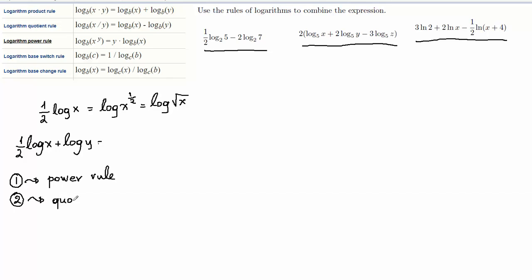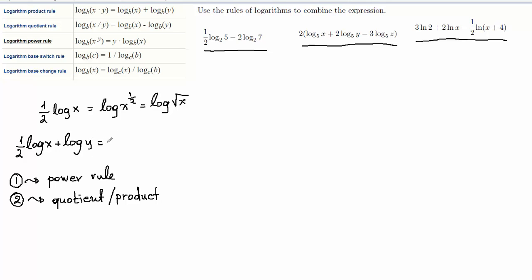This is something that you should always remember. Quotient and product rule, it doesn't matter which one you perform first, but the power rule needs to be performed first. And this comes from the PEMDAS that you remember. It is similar priority of operations here.